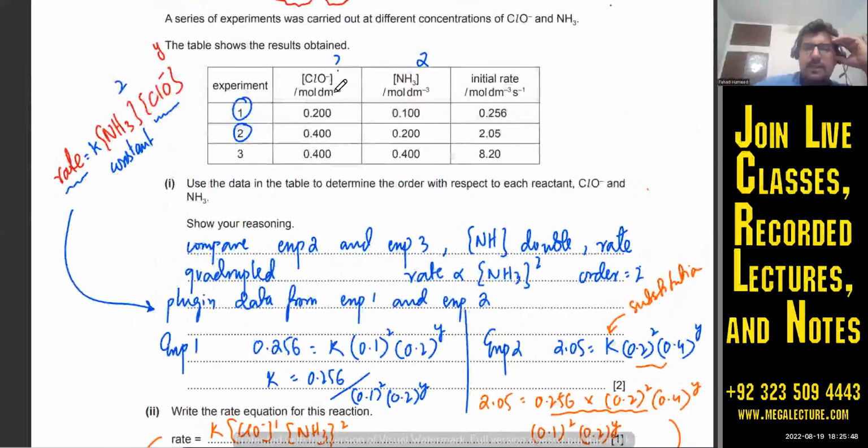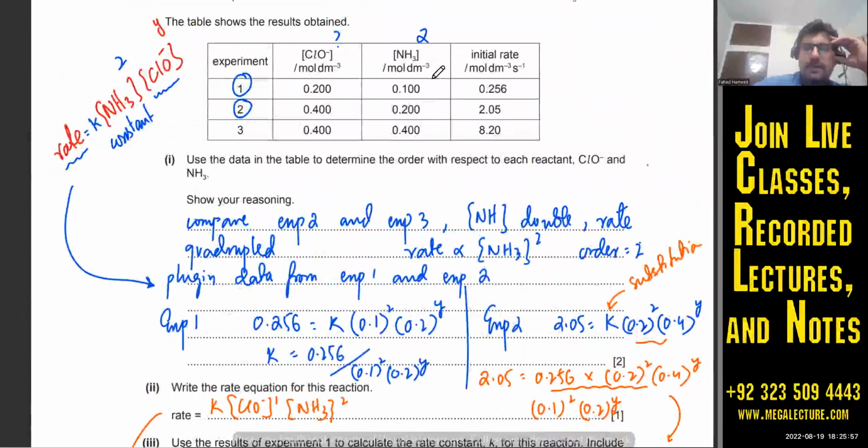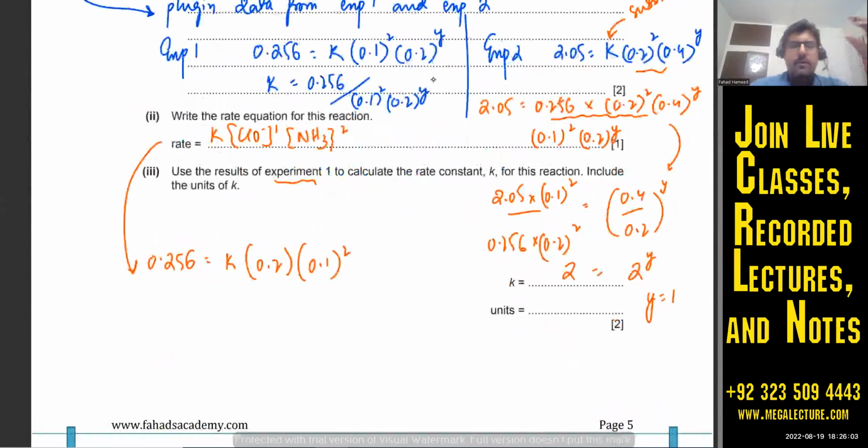ClO minus 1 concentration for experiment 1, that's 0.2. और अगला क्या, NST concentration, that's 0.1. और इसको solve करोगे, you'll find the value of k, which will come out to be 0.256, and then the whole thing gets divided by 0.2 times 0.1 squared. So I'm getting 128.